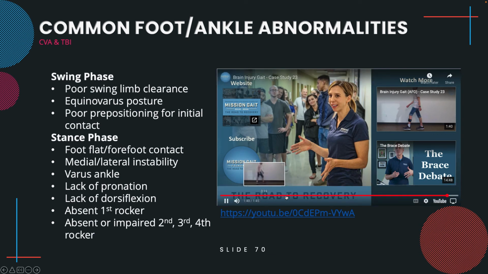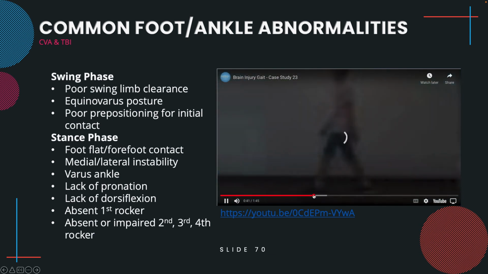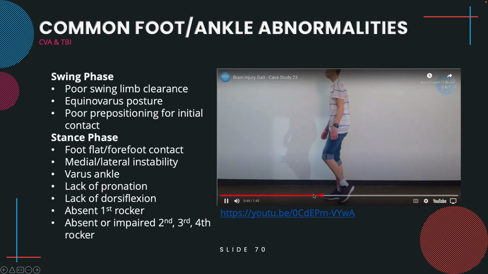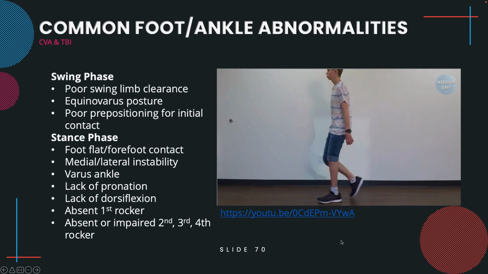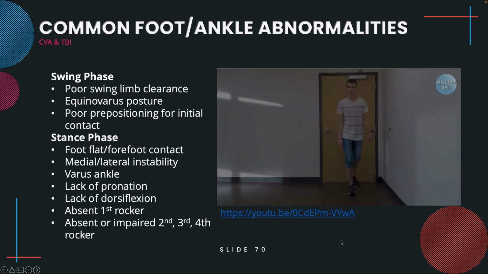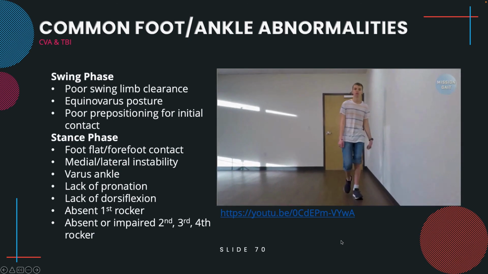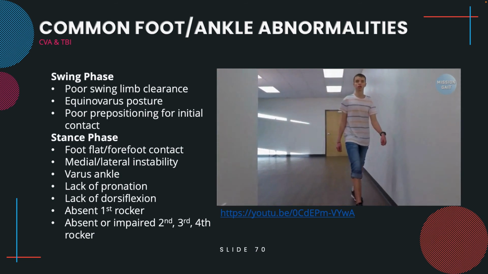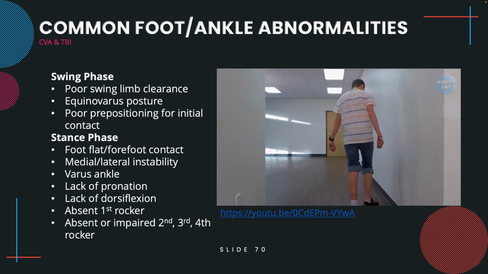I'm going to back this up a little bit. And so see what you can see for this person's gait. You might notice some decreased dorsiflexion as he brings himself through swing.